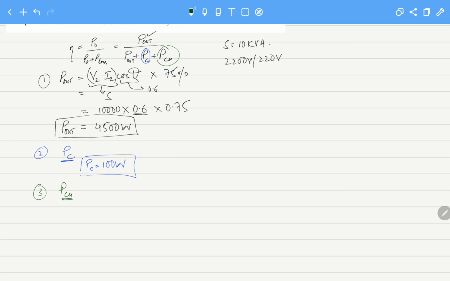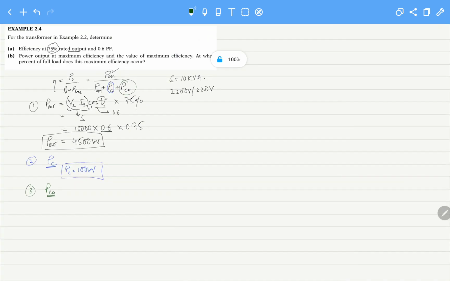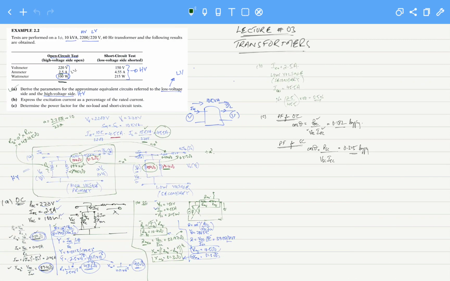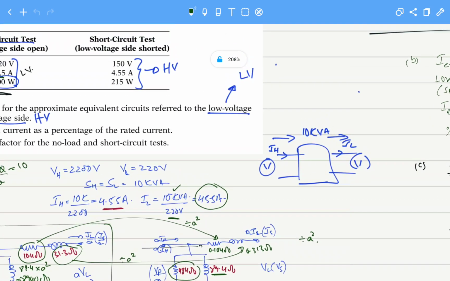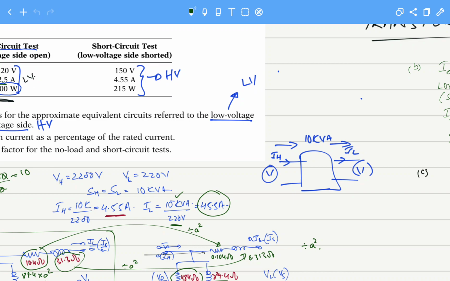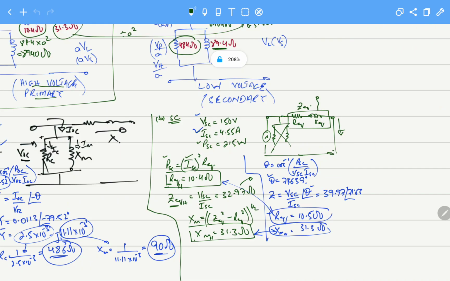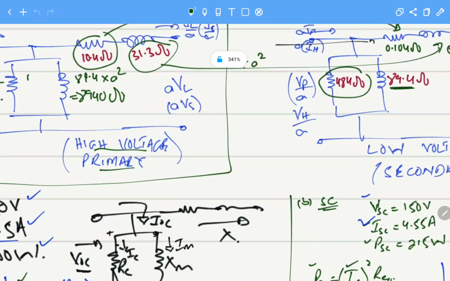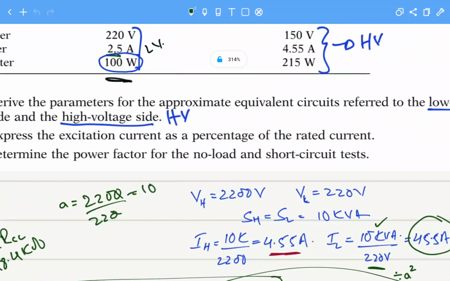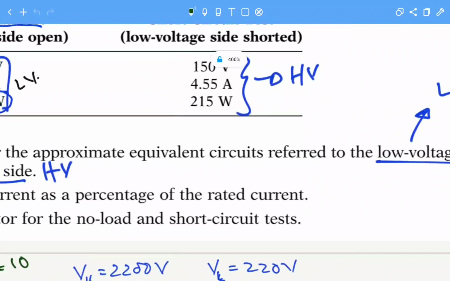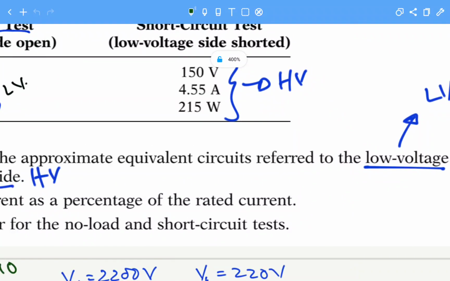And copper losses for our system can be calculated. Now look at this. When we were performing the short circuit test, we had the value of this power that we utilized as the main copper losses.